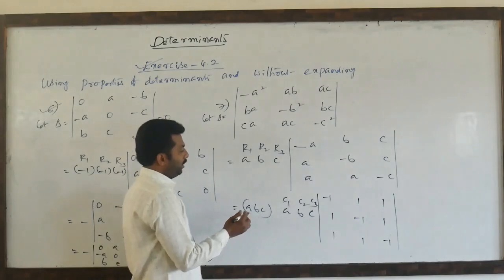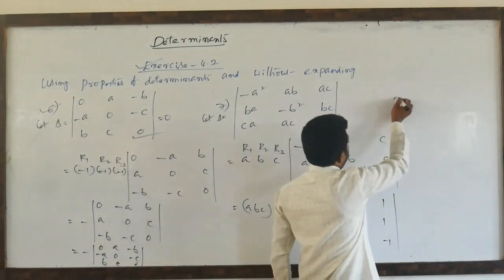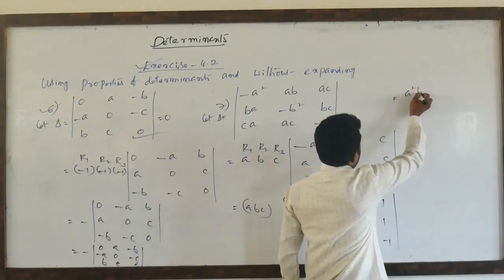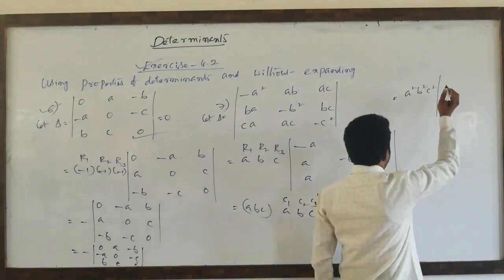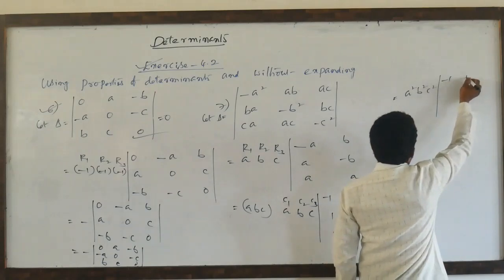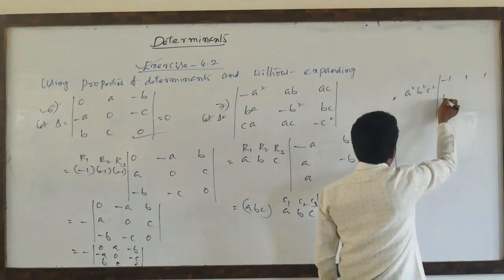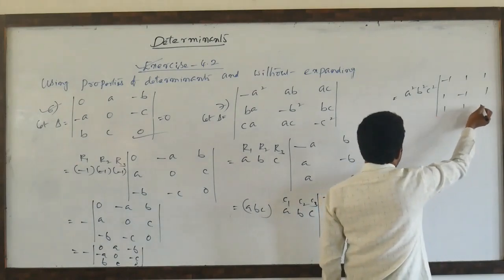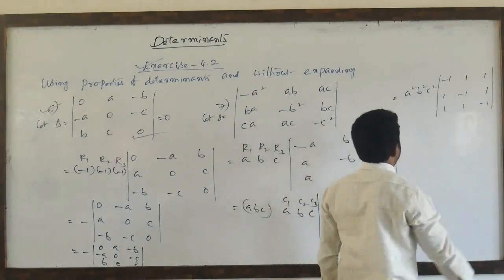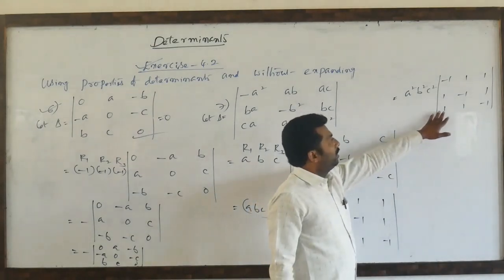So finally this is a square, b square, c square times the determinant of minus 1, 1, 1; 1, minus 1, 1; 1, 1, minus 1. If you expand this one, you will get 4.